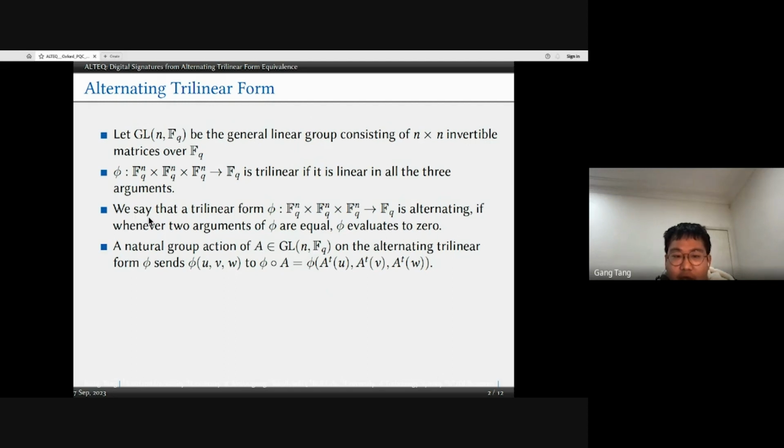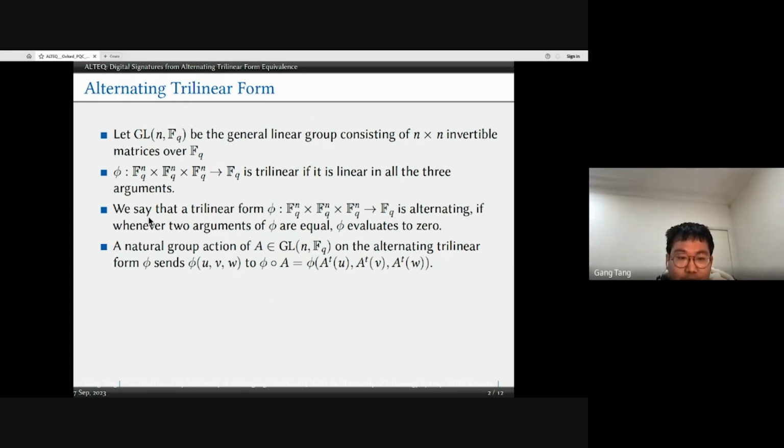Trilinear means it is linear in all three arguments. A trilinear form phi is alternating if whenever two arguments of this form are equal, the form evaluates to 0.